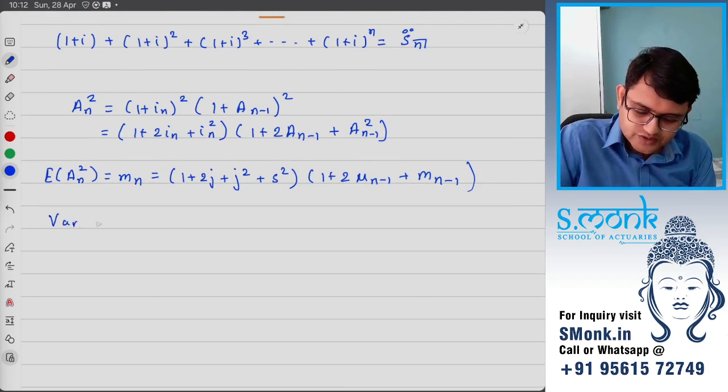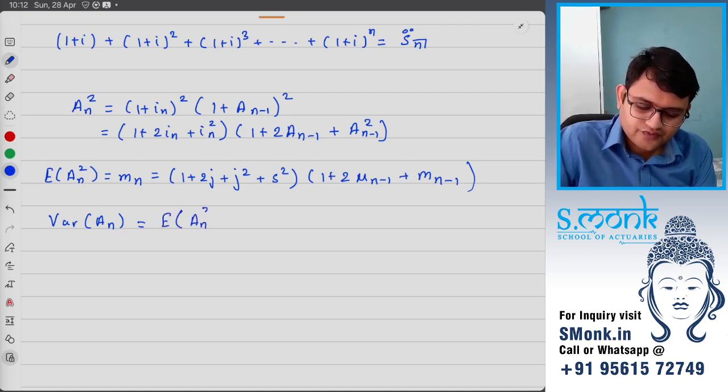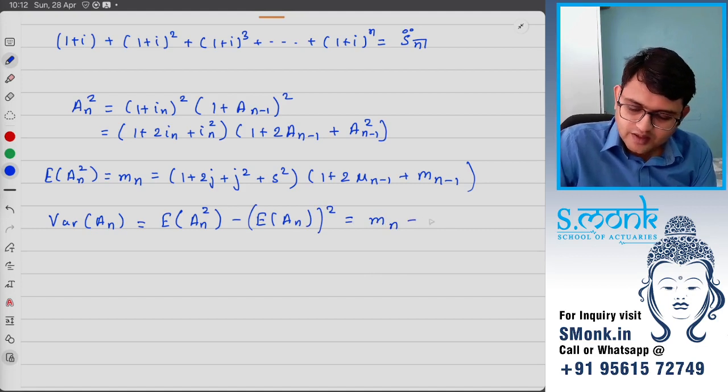So variance of A_n, the expected value of A_n square minus the expected value of A_n the whole square. That would be mn minus mu n square.